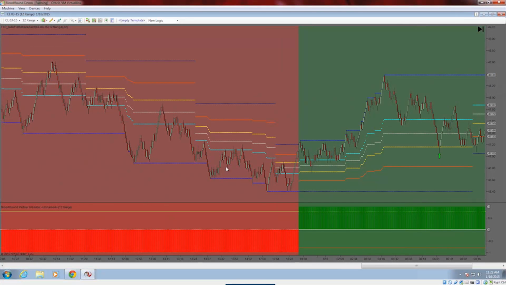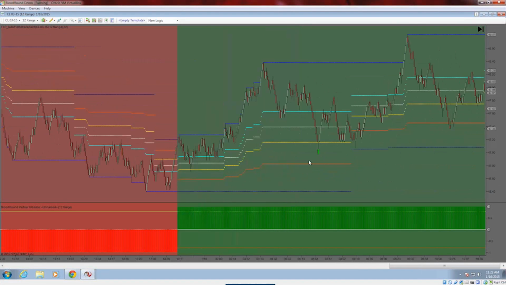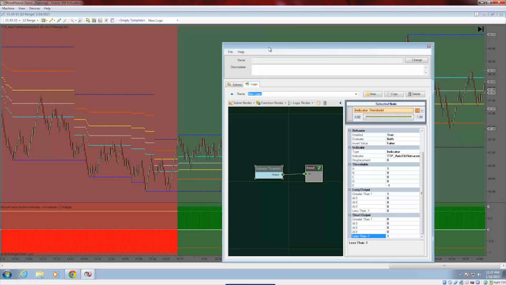So I need to identify the low for longs, the high for shorts, and then that 61.8% line. I'm comparing the low or the high of the bar to that 61.8, so I need to use the comparison solver.